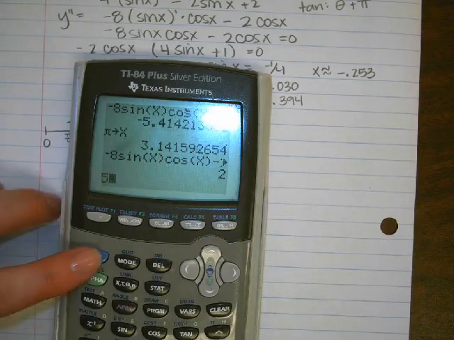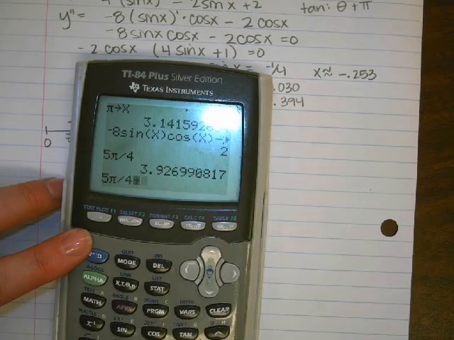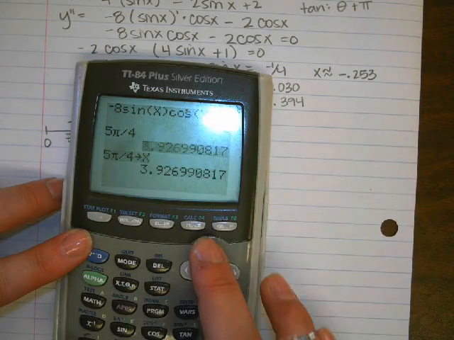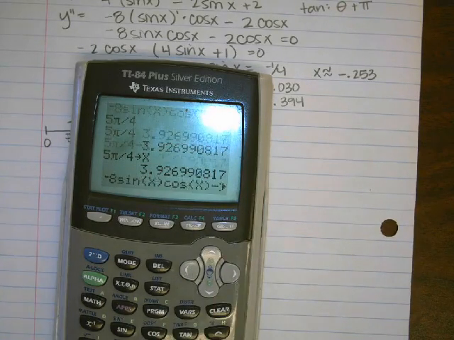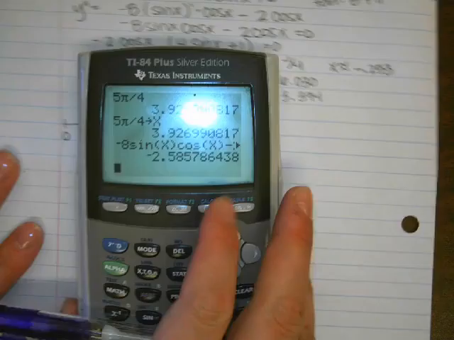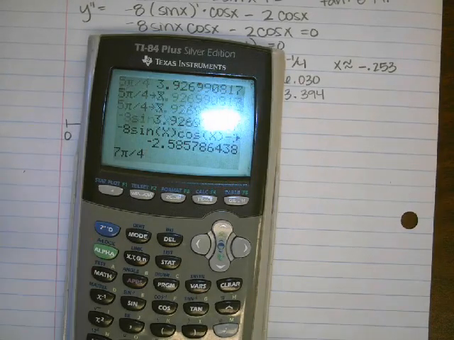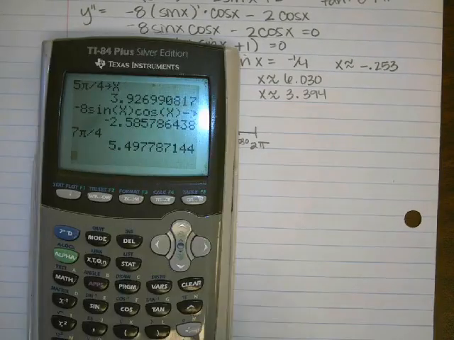I'll take 5 pi fourths and store that as x. And then I'll plug it in again. That's negative. I'll take 7 pi fourths, 5.49, that works, okay.